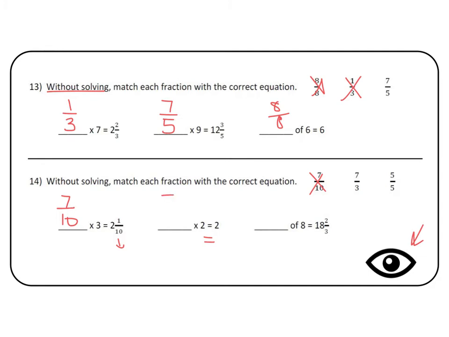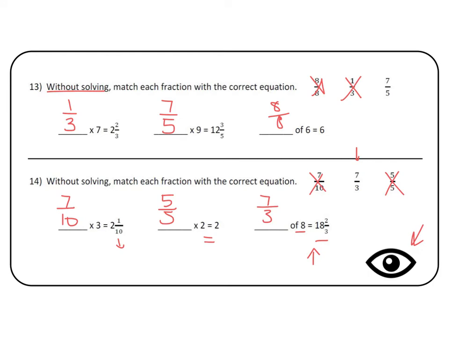So that would be 5/5. And lastly, we have 8 and 18. So that got larger. So we're looking for an example where the numerator is larger than the denominator, and 7 is larger than 3. So 7/3 goes here.